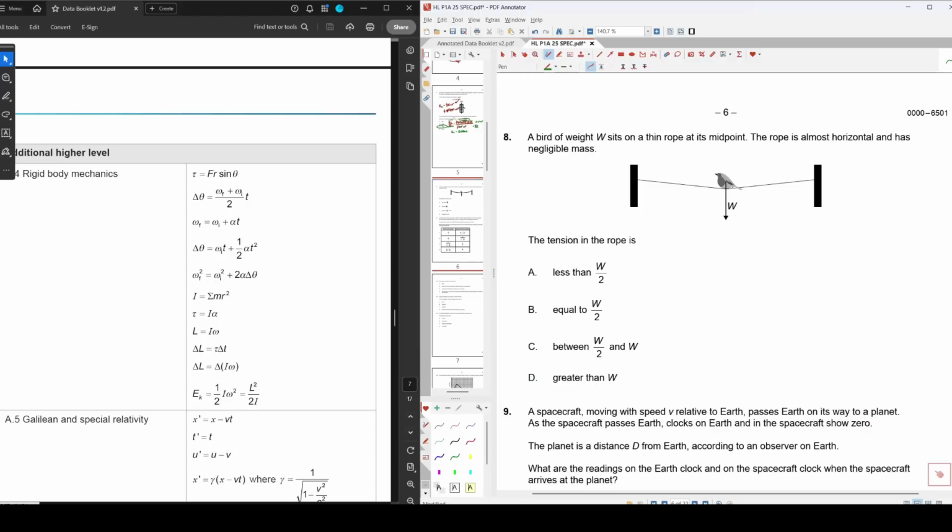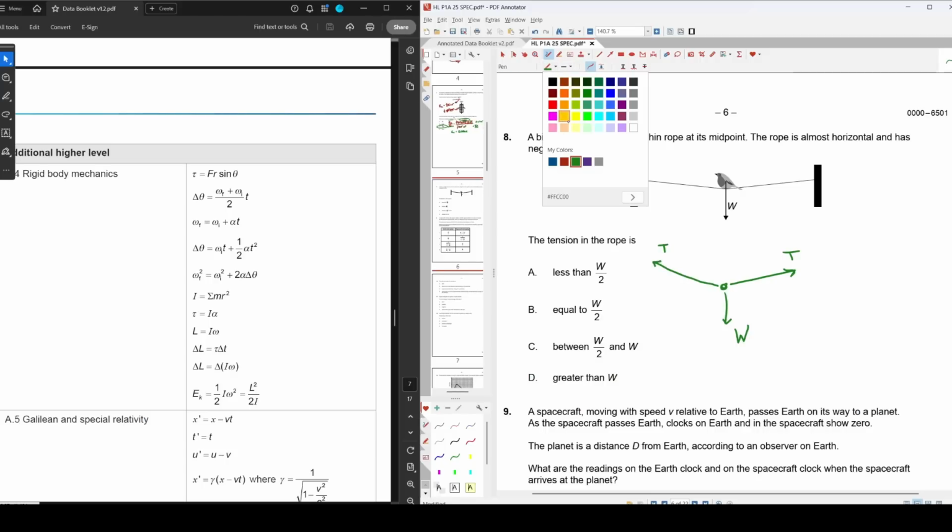Okay. This is like a good conceptual one. I don't think I need to solve this all the way out because I know what's going on here with tension. Here's my bird. The weight is straight down. And there's like 2 tensions, right? There's this one this way, and there's this one this way.